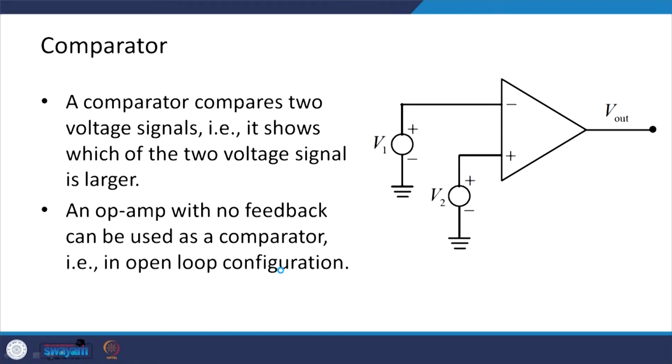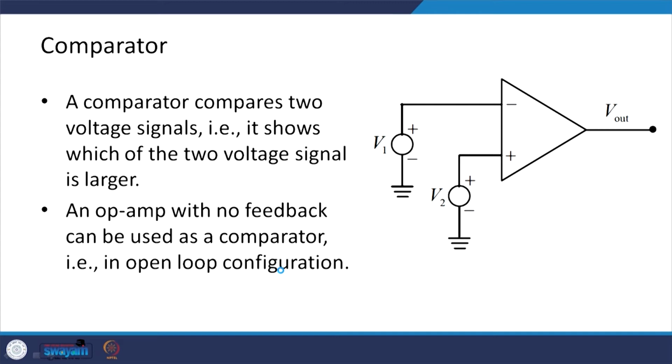Next, another good use of the op-amp is as a comparator. As the name indicates, the comparator basically compares two voltage signals. It shows which of the two signals is larger.